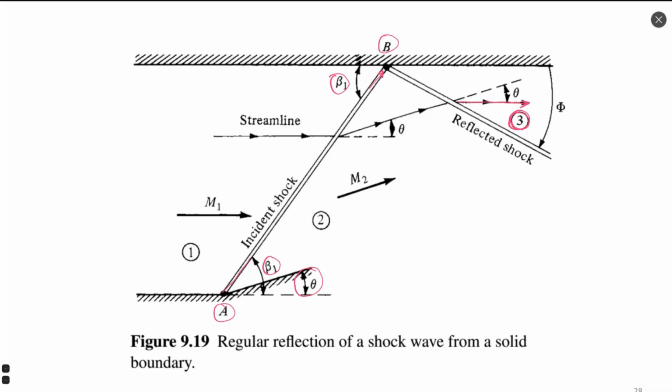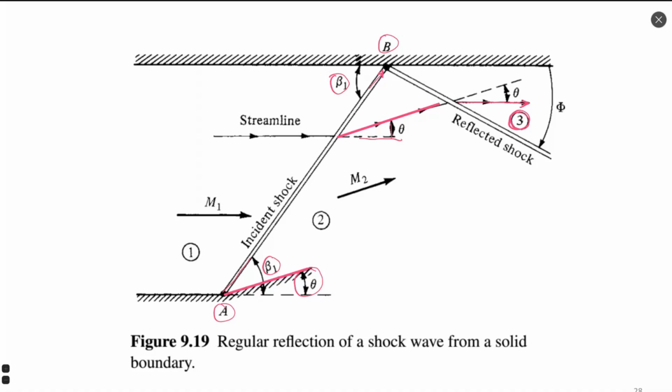So this is one line to find theta. And another direction that we must consider is the direction between the first and second shock wave. This direction is the same as the direction of the first body. Okay, so these two lines are the same. So this is why this angle here is also theta.